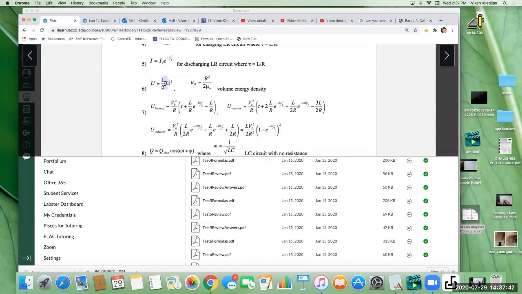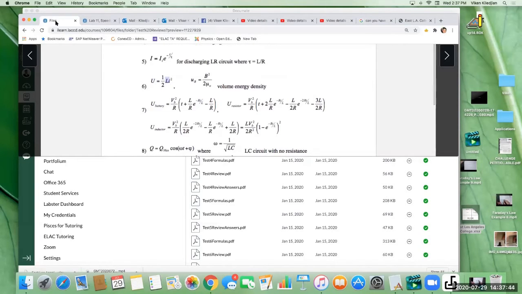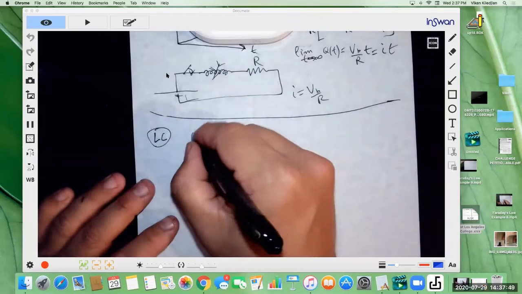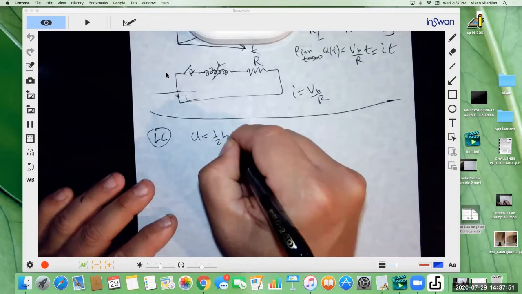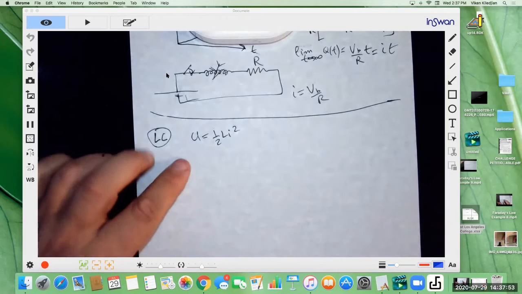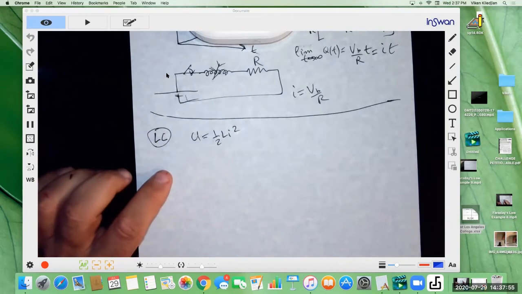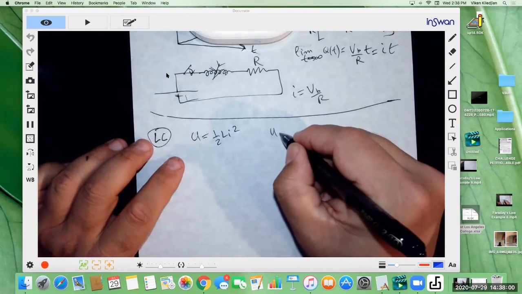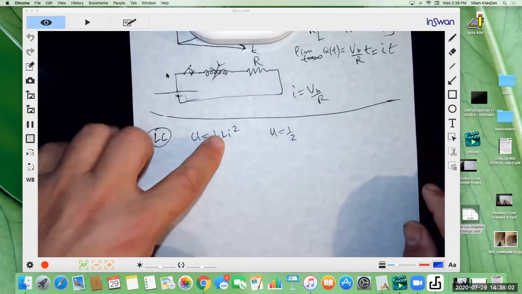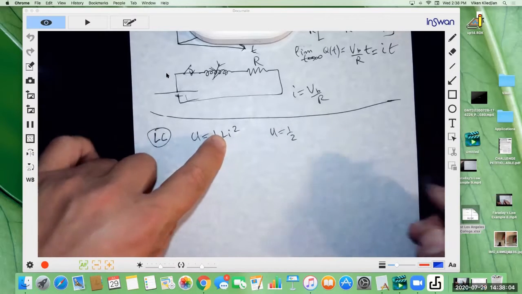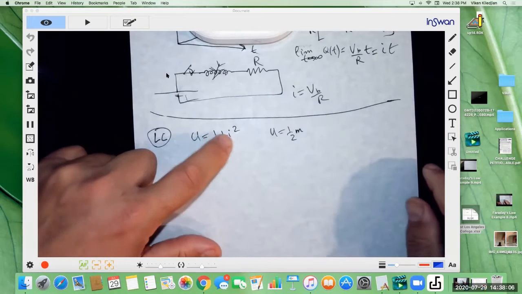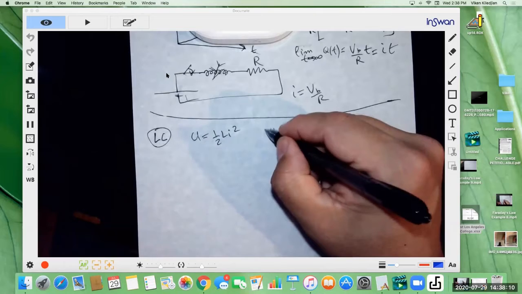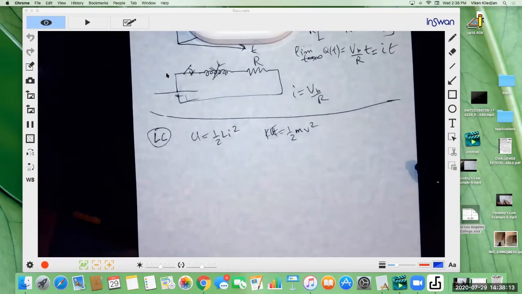Even think about the equation, U is half L i squared. Where is that coming from? Well, what is its mechanical equivalent? Energy is equal to half, L is replaced by M, and then I is replaced by V. Oh, it's actually kinetic energy, right?